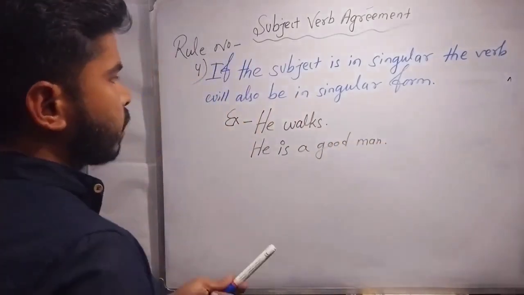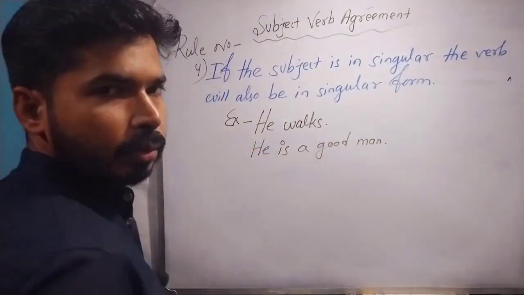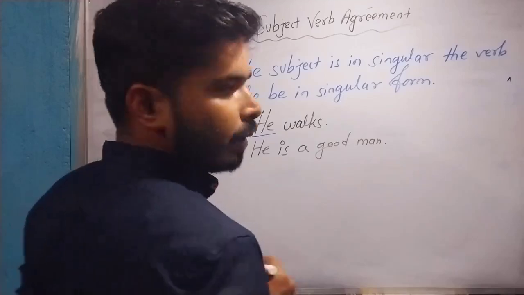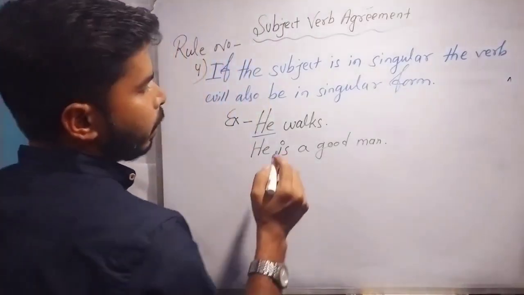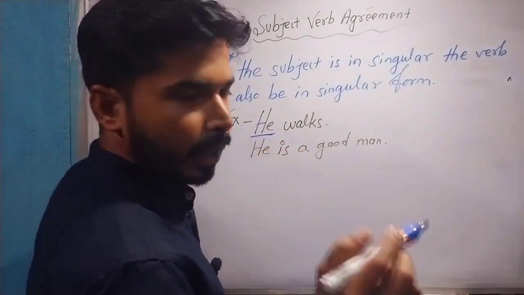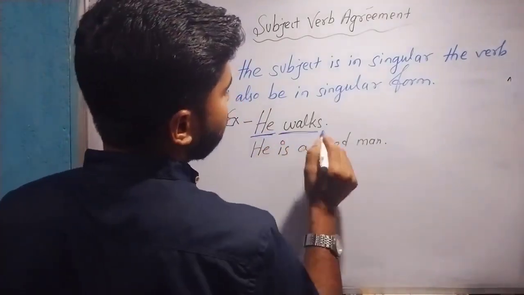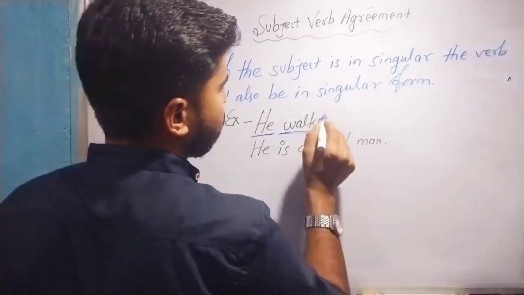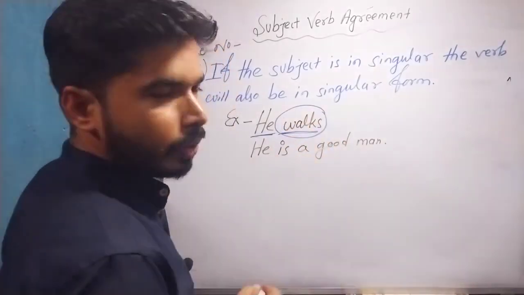If you notice, in the first example, the subject is he, and he is singular, all of you know. As the subject is in singular form, that's why we have also put the verb in singular form, works. Don't be confused with s.